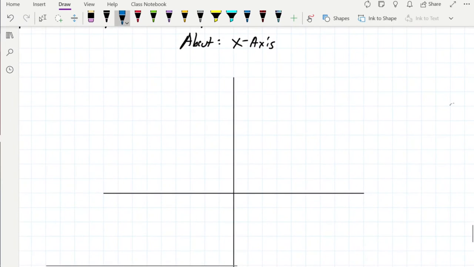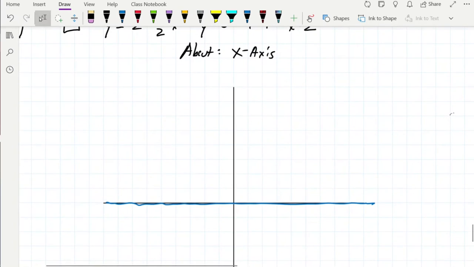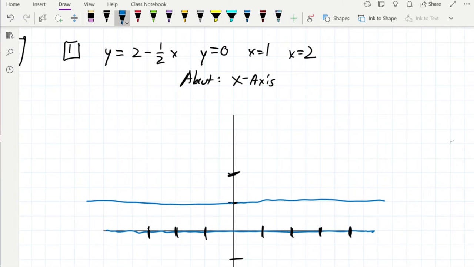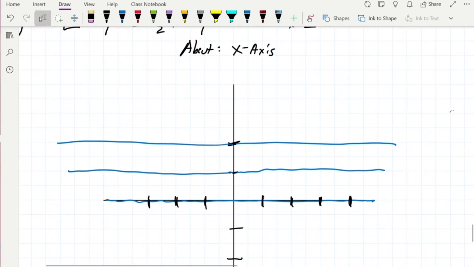All right. So at y equals 0, which will be along the x-axis, x equals 1. So let's set our little ticks. And x equals 2. That means it's going to happen in that thin band right here.